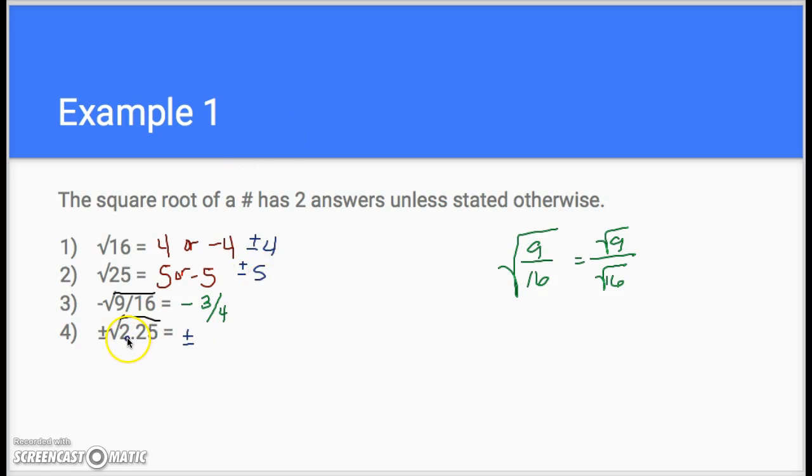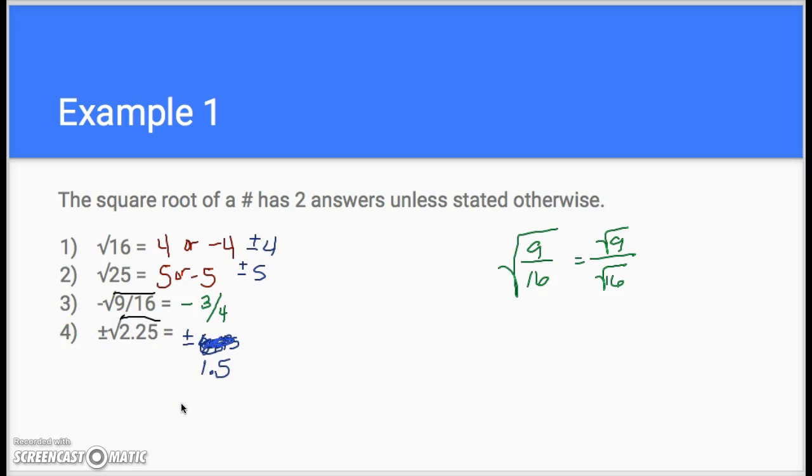And then if you take the square root of 2.25, I apologize, I was thinking that was 0.225, but this should be plus or minus 1.5. So if it's got a negative sign on the outside, that automatically means your answer is going to be negative. If it's the plus or minus symbol, you can carry that through into your answer as well.